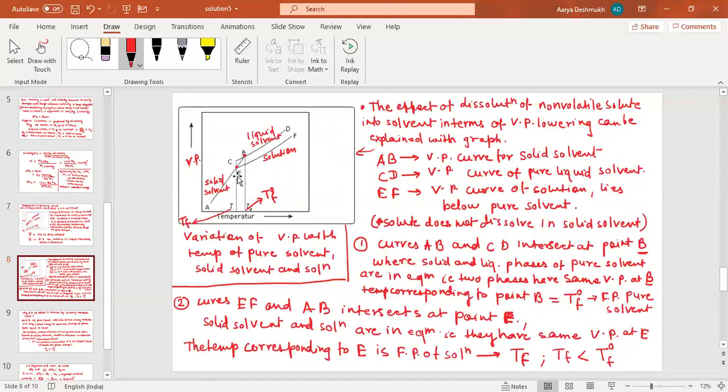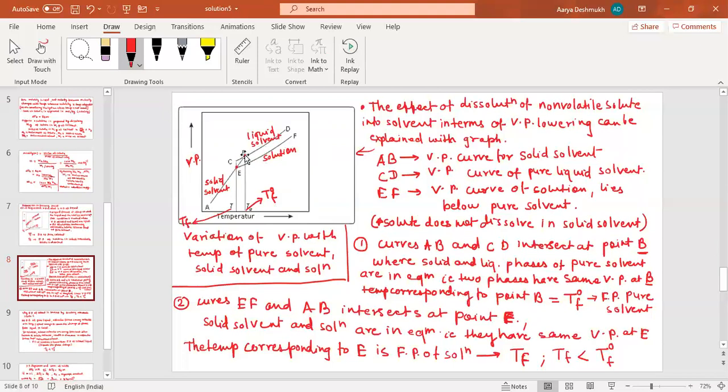And this EF curve, which lies below the pure solvent, is for the solution. The solute does not dissolve in solid solvent, so in this AB curve there is no solute dissolved. This is for the pure solid solvent. Now what happens? Curves AB and CD intersect at point B. This is the AB curve and this is the CD curve.